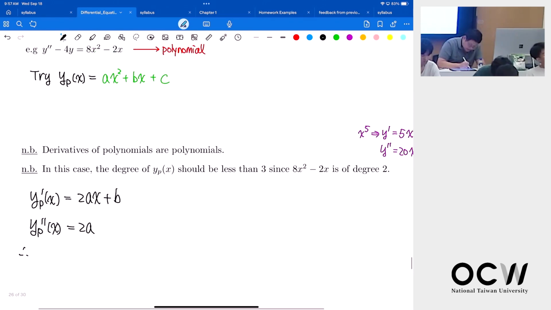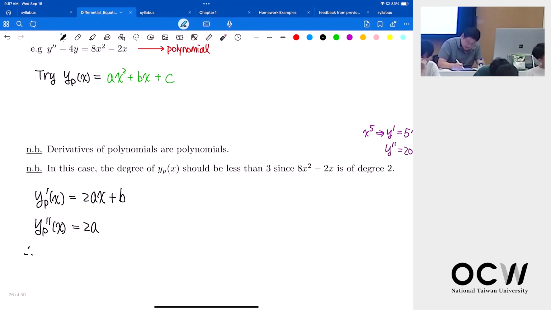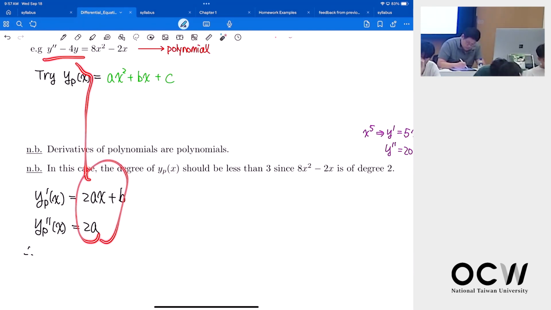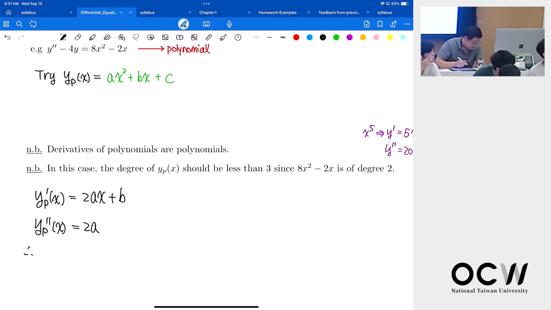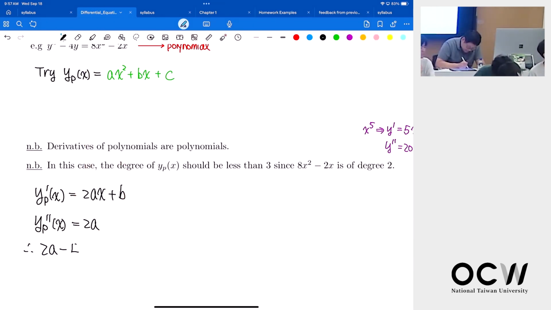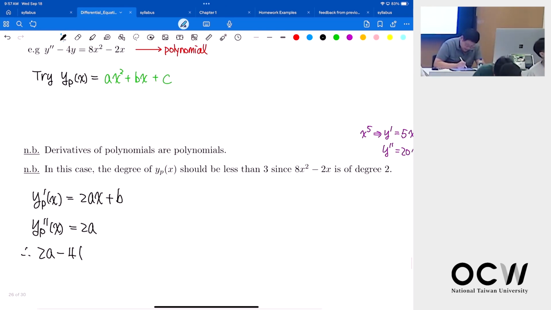So therefore, we bring this to this original equation, we get 2a minus 4 times y, which is ax squared plus bx plus c. That should be equal to 8x squared minus 2x.